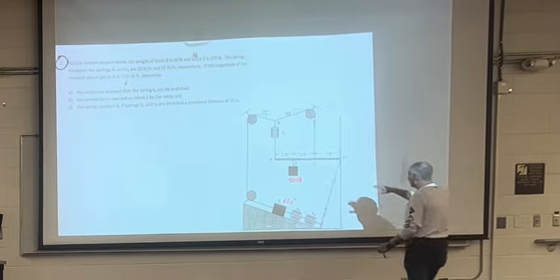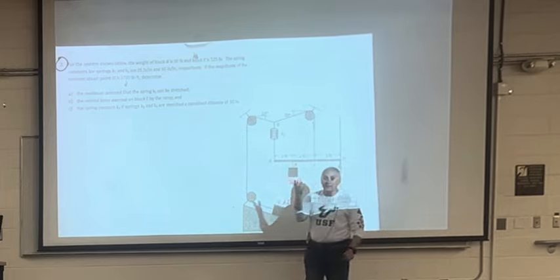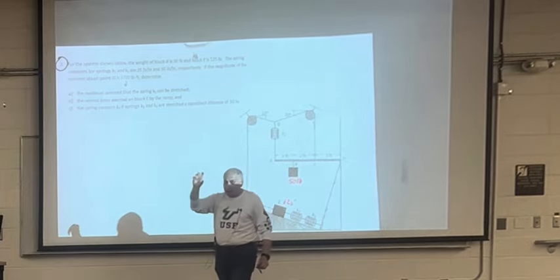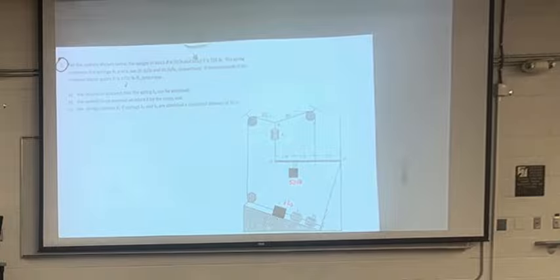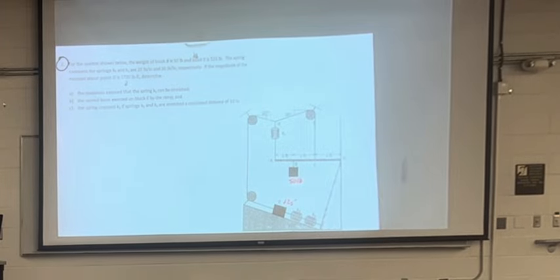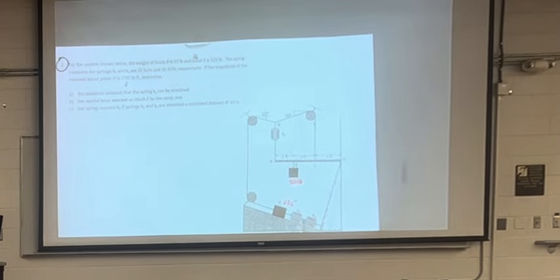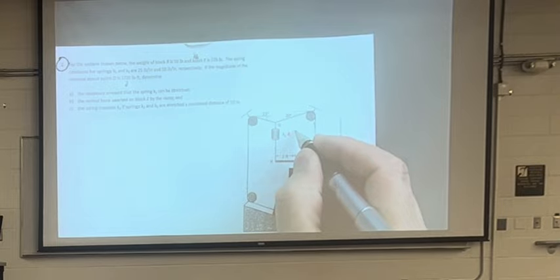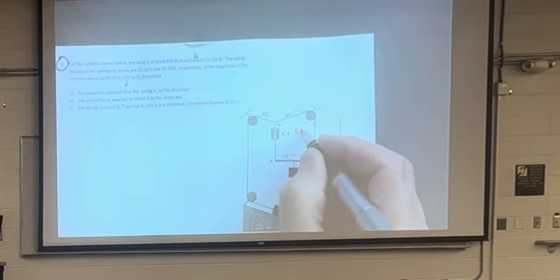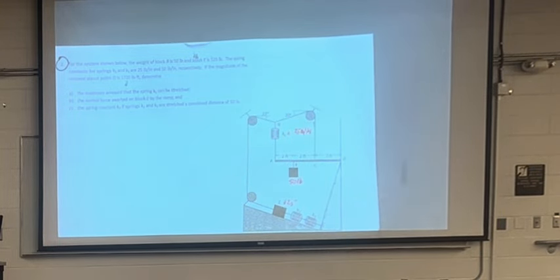What do I have here? Feet. So be careful with the pounds per inch and the feet stuff. So what do I have? K1. Where's K1? There's K1. That is 25 pounds per inch.